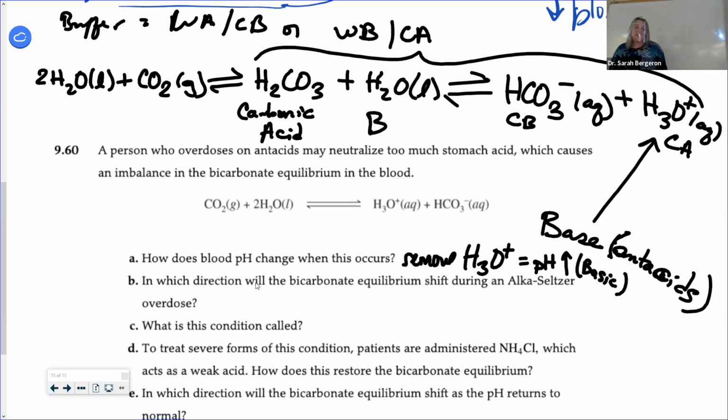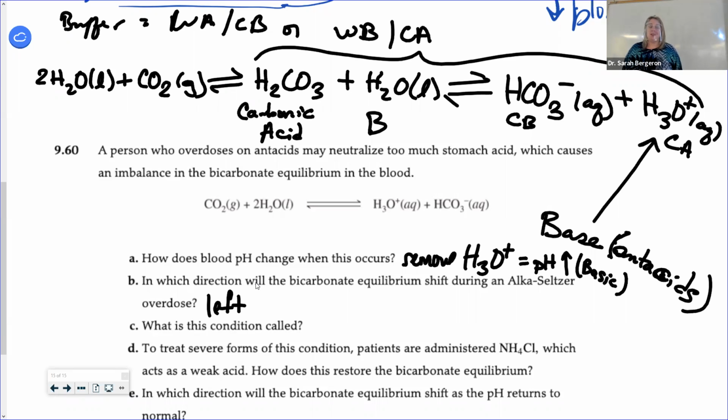In which direction will the bicarbonate equilibrium shift when you have an Alka-Seltzer overdose? We have more base, and we are depleting that H3O plus. Which way is it going to shift? It's going to shift to the left.